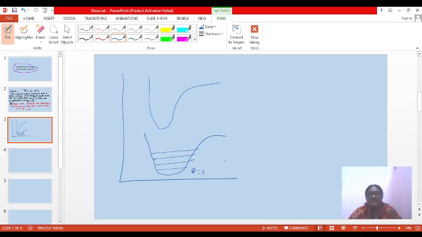This is the ground state. This is the upper state. Here also 0, 1. This is energy versus internuclear distance.